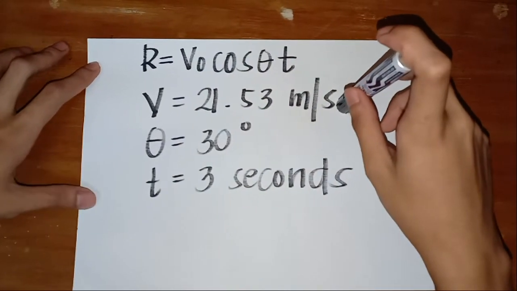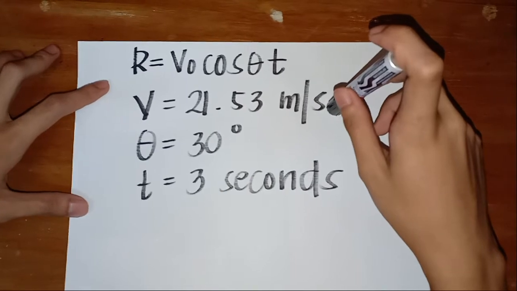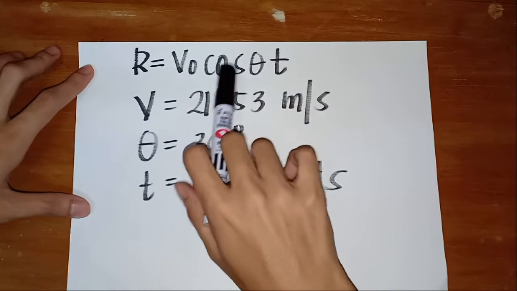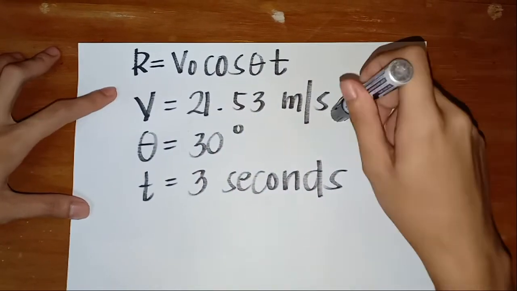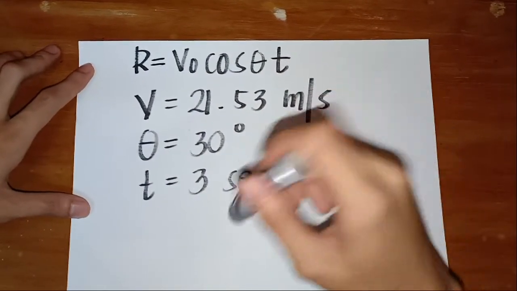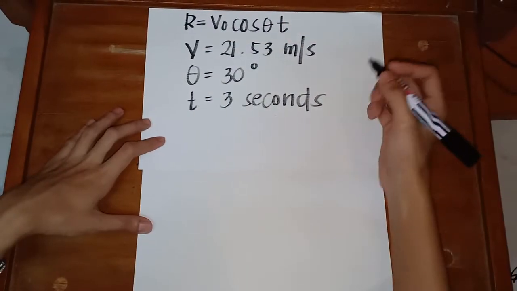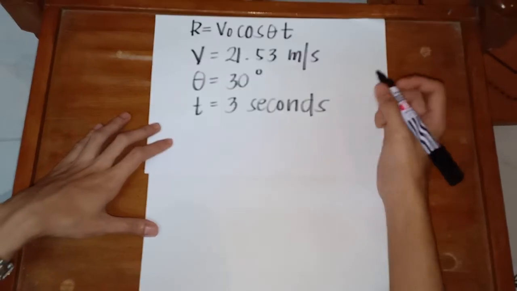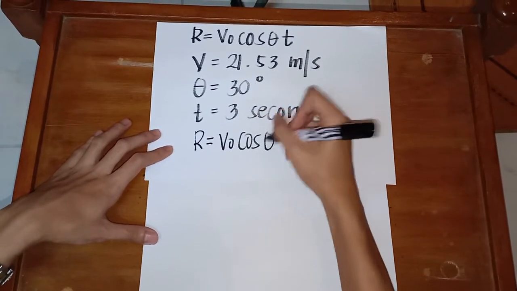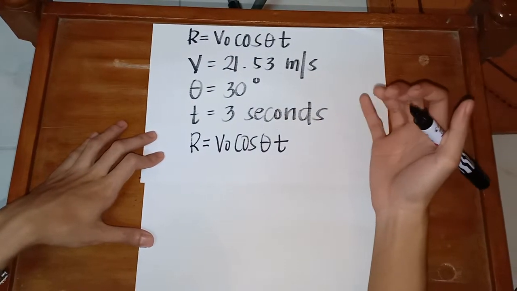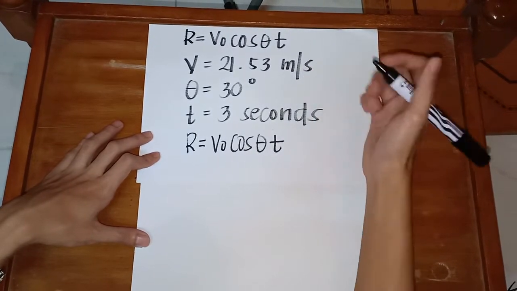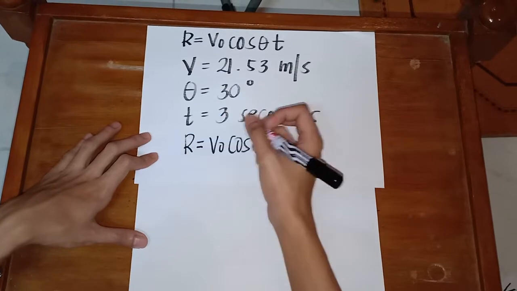Ang kukunin natin yung displacement ng ball within 3 seconds. Meron tayong formula na displacement is equal to v naught cosine theta times yung time. Nakuha na natin yung velocity which is 21.53 meter per second. May angle tayo na 30 degrees at meron tayong time na 3 seconds. Isi-substitute lang natin lahat ng given dito sa formula natin.